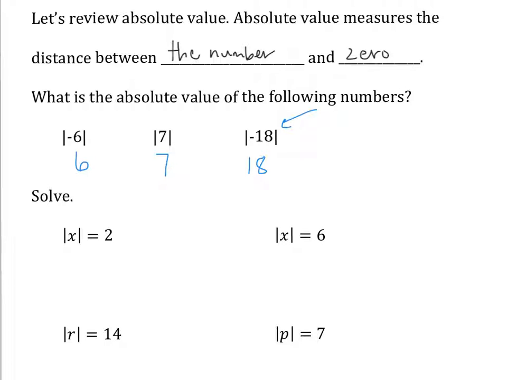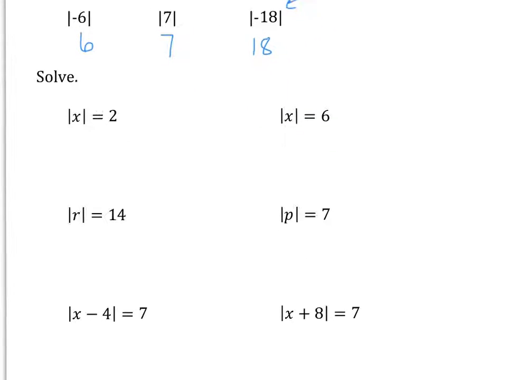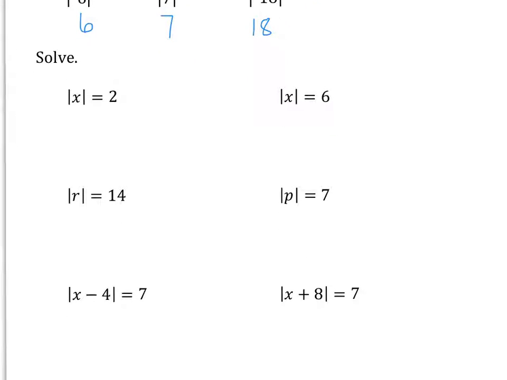So let's take a look at the following equations and solve them. This first one, the absolute value of x equals 2. Well, we are going to set up two cases with absolute value. In the first case it is as you see it, and we'll drop the absolute value symbols and get x equals 2. The second case that could also occur here is that x could have equaled -2 to begin with in the absolute value bars, but then when we take the absolute value, it always turns positive.